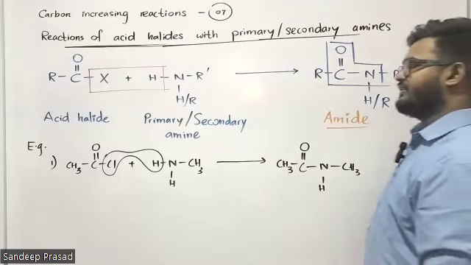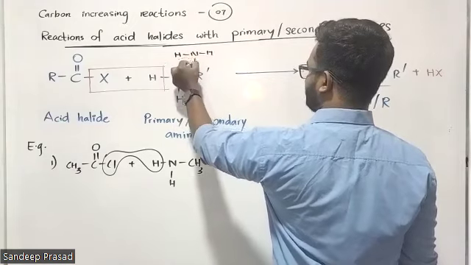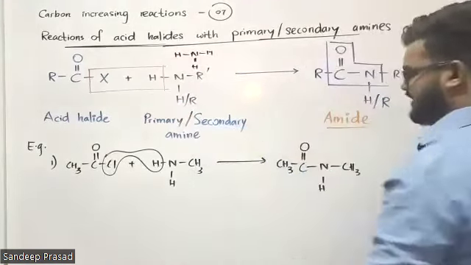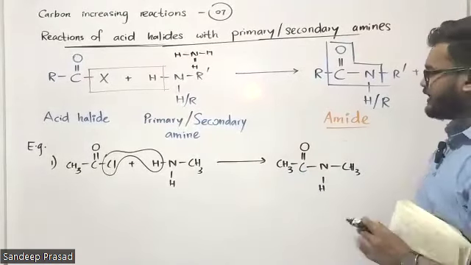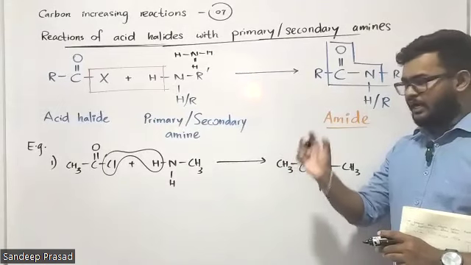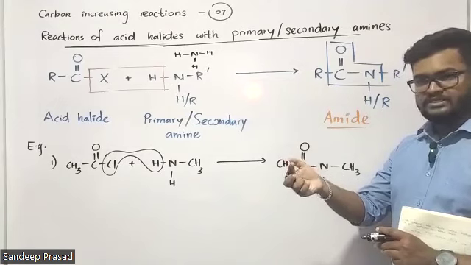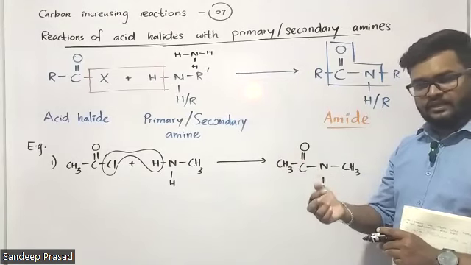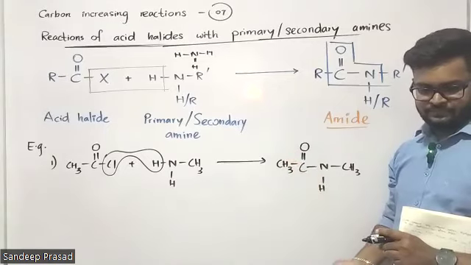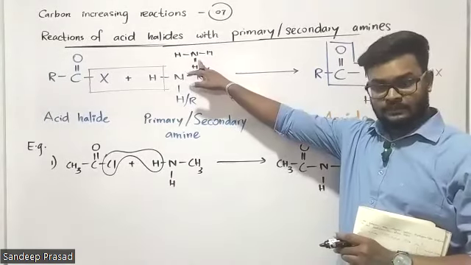Students, what about if we have ammonia? Only in the case of ammonia we obtain a primary amide. So amides also can be categorized as primary, secondary, tertiary. Under the identification of organic compound types, I told you that not only amines, amides also can be categorized that way.